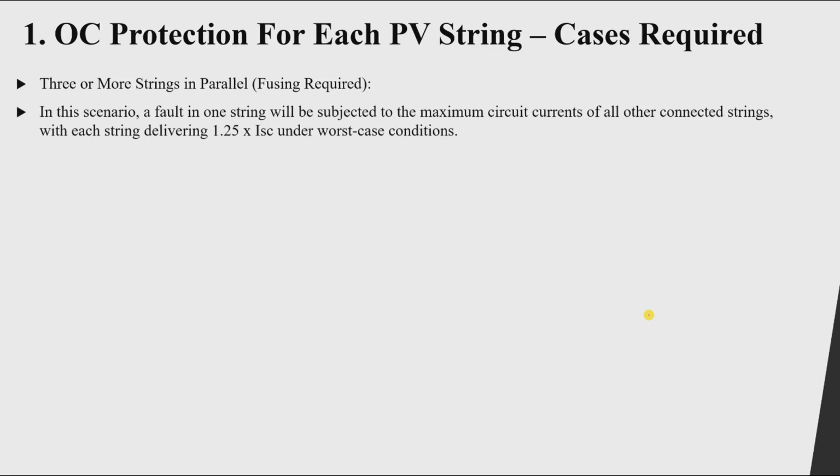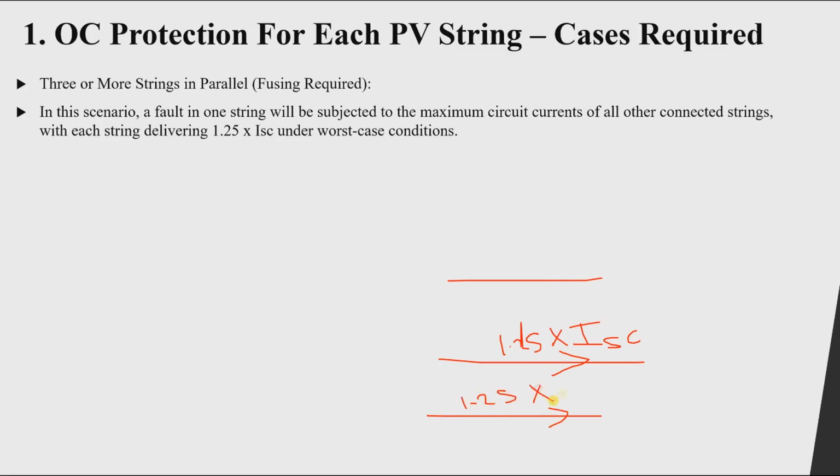Why? Because you will find that in this scenario, if you look here, we have string 1, 2, and 3, okay? So this one will give us a maximum short circuit current of 1.25 multiplied by I short circuit. This one will give us a maximum current of 1.25 multiplied by I short circuit. So let's say, for example, this panel has a fault inside, a short circuit.